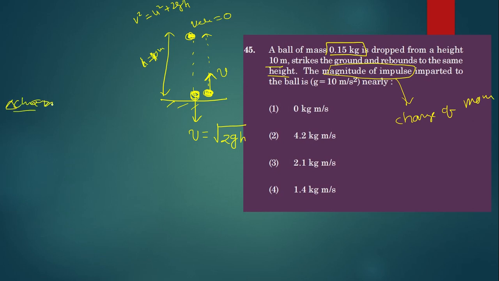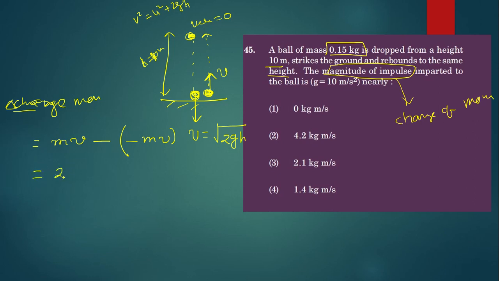Now, what is the change of momentum? The change of momentum will be equal to the final momentum minus initial momentum. Final momentum is mass multiplied by velocity, if I take upward direction to be positive, minus the initial momentum. Since the initial velocity is downward, it is minus. If I consider upward velocity to be plus, downward I have to consider minus.